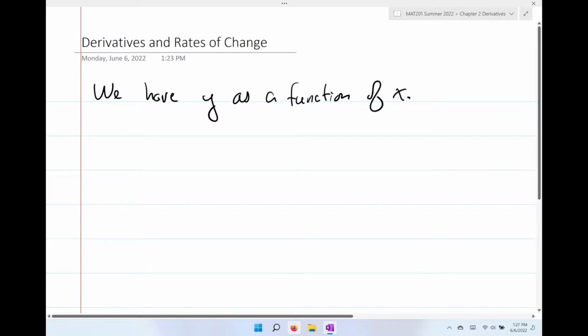What that means is y of x is going to equal some sort of function on the right hand side where all you have are just the variable x's.